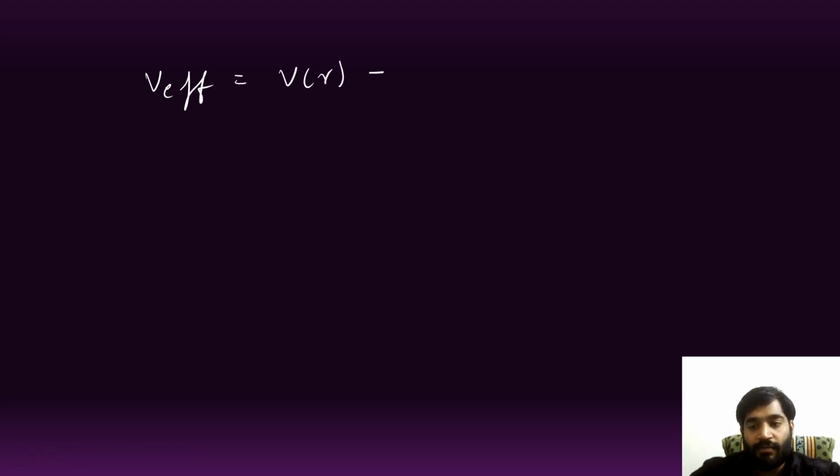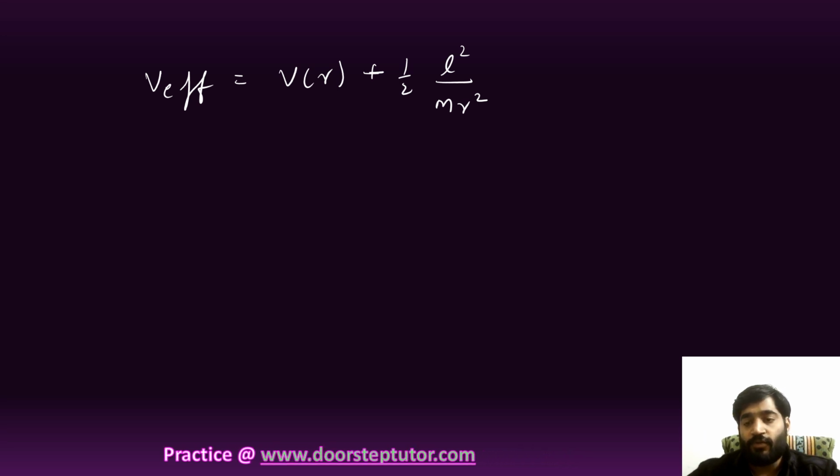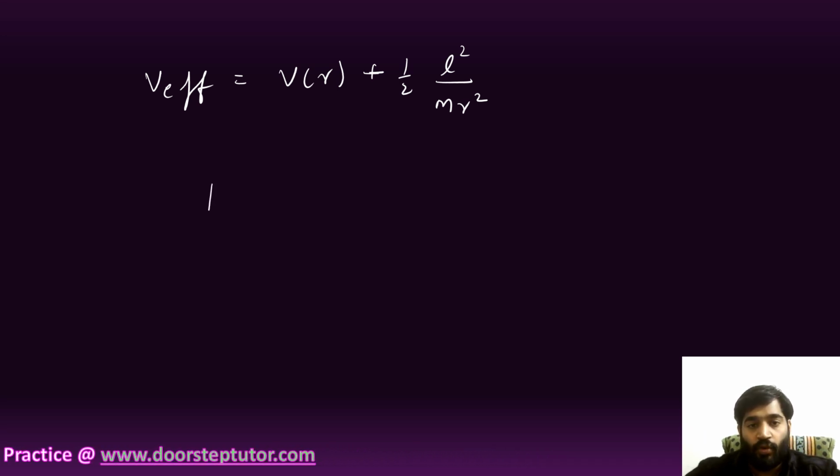If you remember the central force problem, the most important thing is the V effective. The V effective that you have to remember is V(r) plus half of L square upon m r square. This is the effective potential that we know. Then in the central force problem itself, you remember the polar equation.